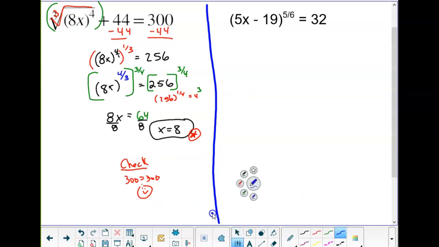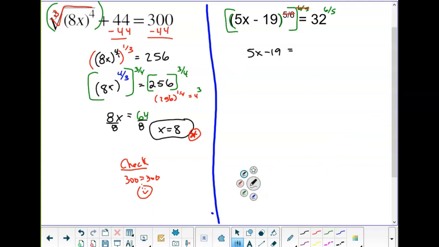Well, first thing is if I have everything isolated, the 5x minus 19 is protected by the exponent. So I have to get rid of that exponent first by raising both sides to the 6/5 power. And when I do that, you can kind of picture the 5/6 and the 6/5. That turns into 30 over 30, which is 1. So the left side turns into just 5x minus 19.